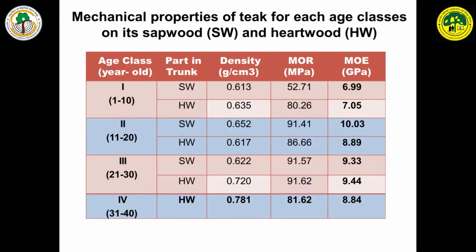MOE was almost the same between sapwood and heartwood, but strength was pretty high in case of heartwood. But when the tree age increased from 21 to 30, the difference between the sapwood and heartwood strength was almost nil. There was not much difference.